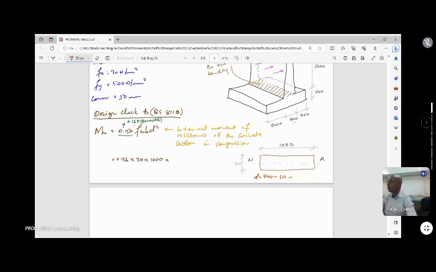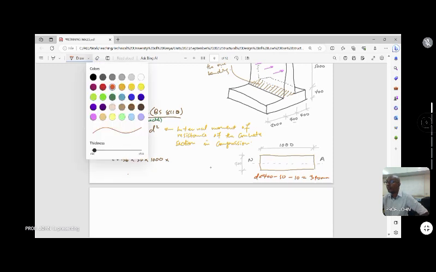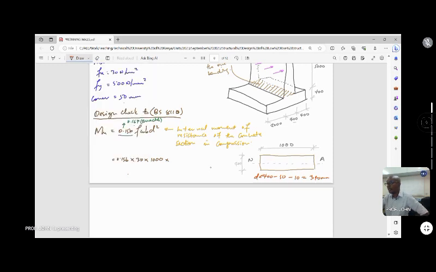For example, if we assume we use 20 millimeter diameter bar, so let's say minus 10, half the bar diameter. So this will give us 340 millimeters. It's approximately that. Okay, so we can come here now and put 340 squared.